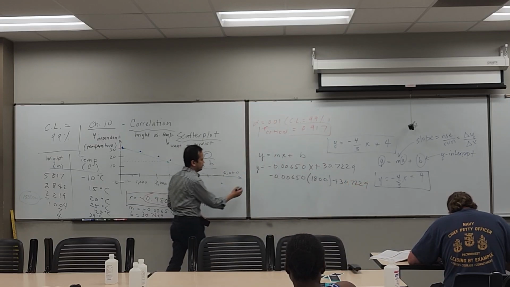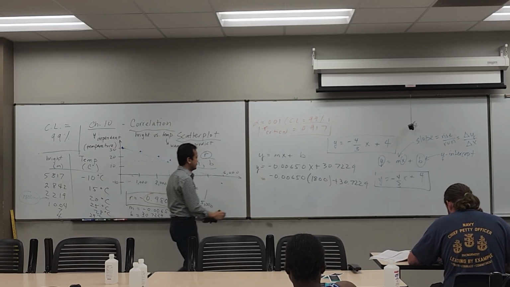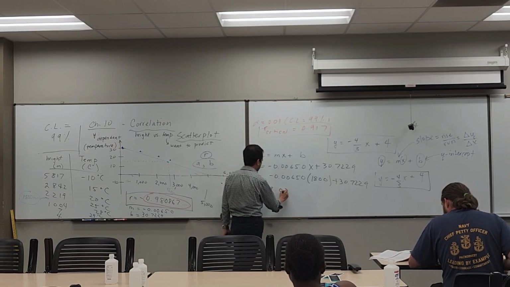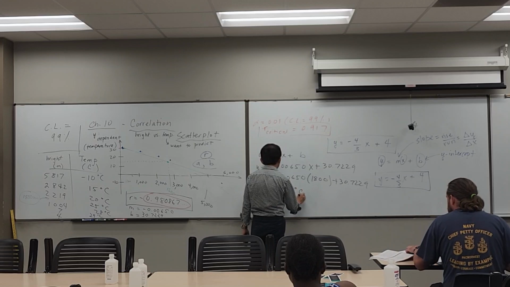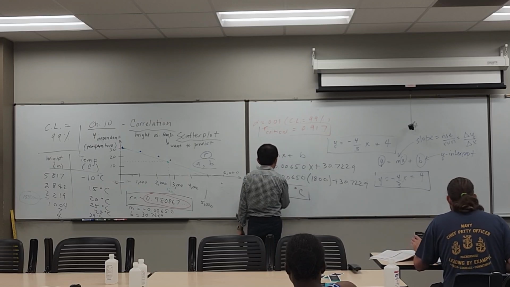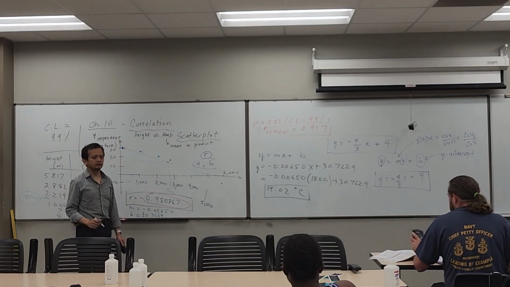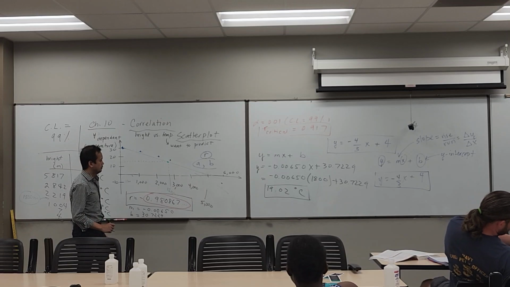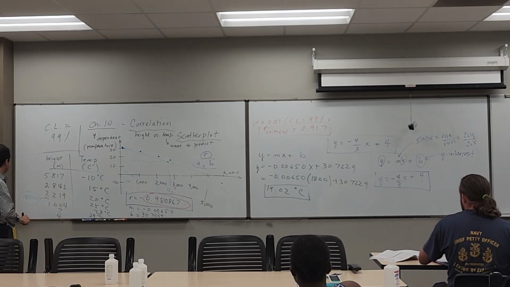And what y value or temperature are you getting? 19.02. I got a 7. You have one negative. I think it was seven, when I wrote it down.